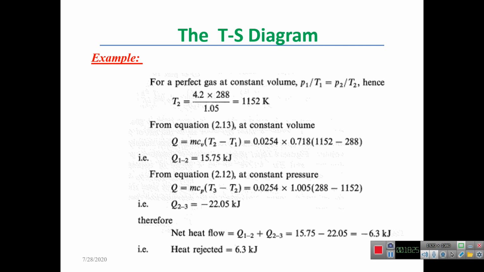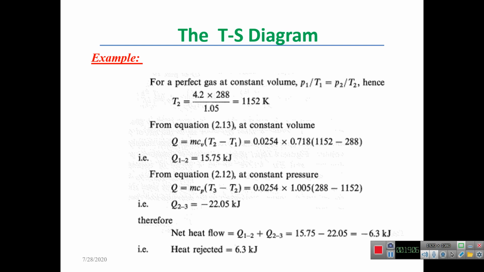and it is heat added because it is having a positive sign. From equation 2.12 at constant pressure, we can calculate the heat in this case using the equation m into Cp multiplied by the final temperature, which is T3, minus the initial temperature, which is T2. So during the process 2 to 3, the heat being transferred is given by the equation mCp, that is the specific heat at constant pressure, multiplied by T3, the temperature at point 3, minus the temperature at point 2.